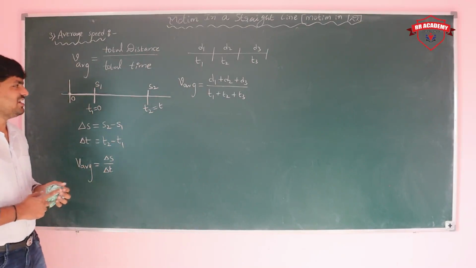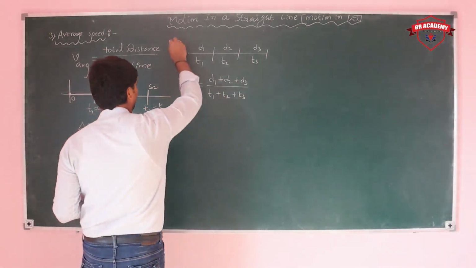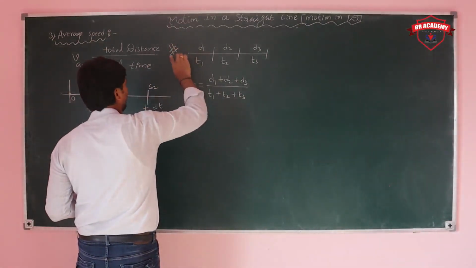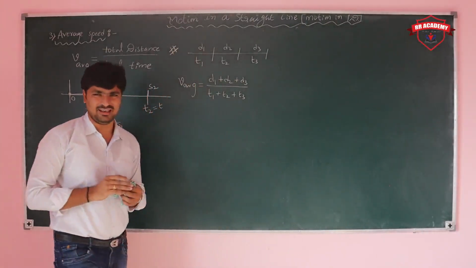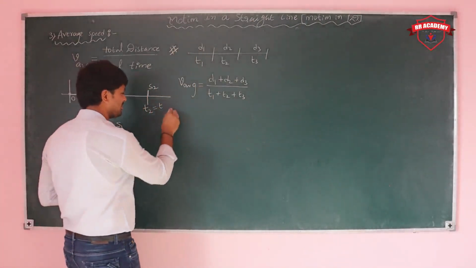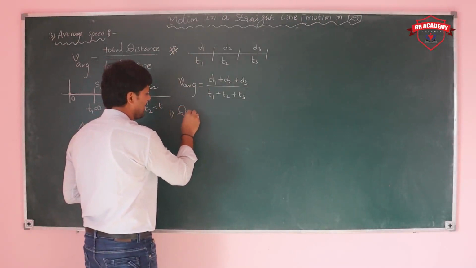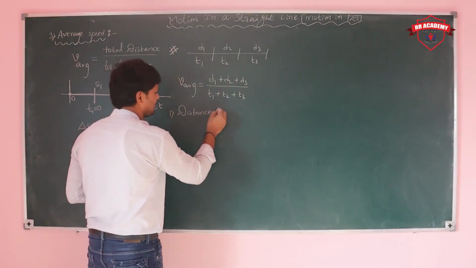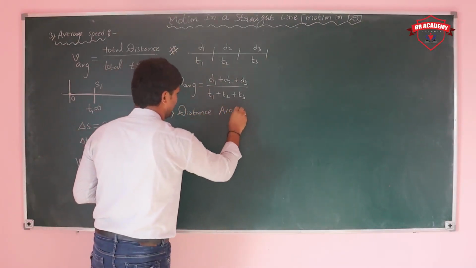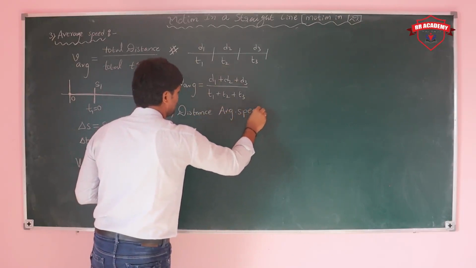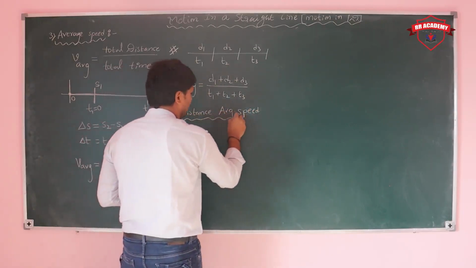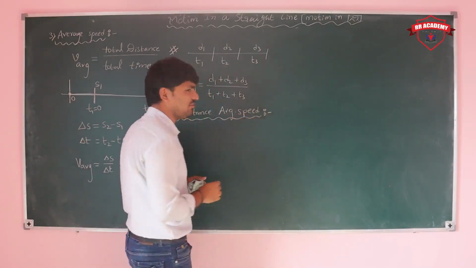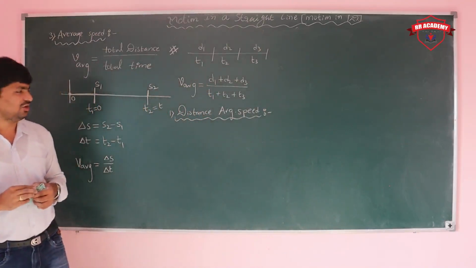In this average velocity, average speed, we have two types of average speed. What are those? First, distance average speed. Here only the distance is mentioned, not the time. In that case, how can we use this expression?